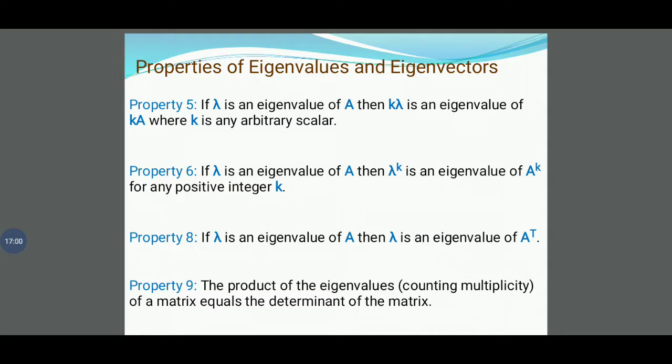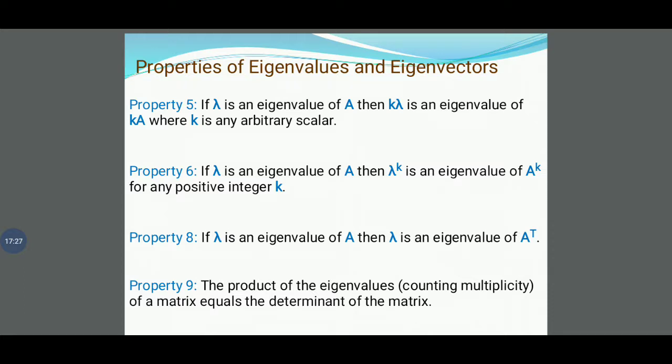Okay, if lambda is an eigenvalue of A, then lambda raised to k is an eigenvalue of A raised to k for any positive integer k. Okay, this is another property, the easiest one. Let's consider an example. For matrix A, the eigenvalues are 2, 3, 4.